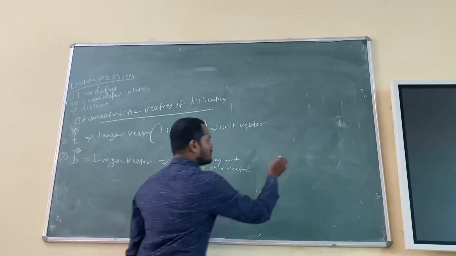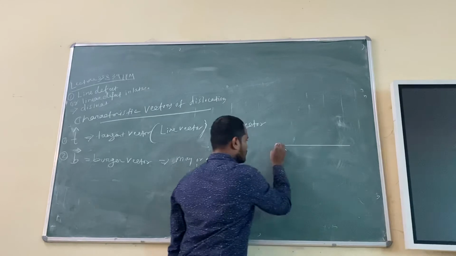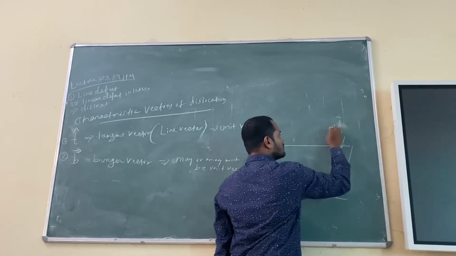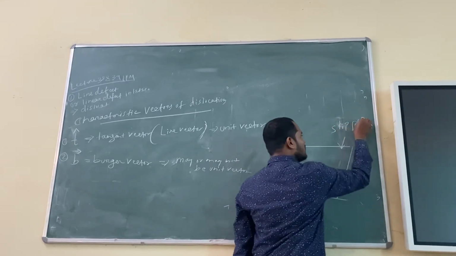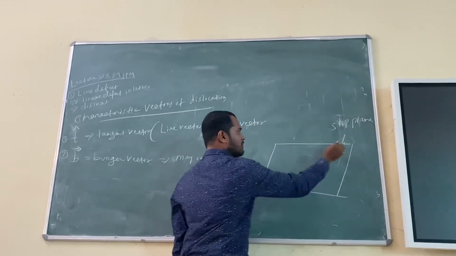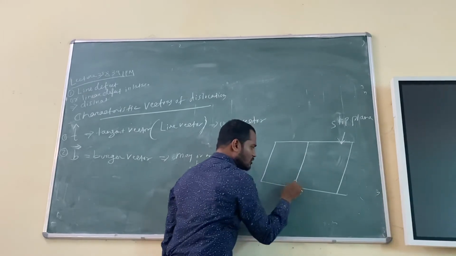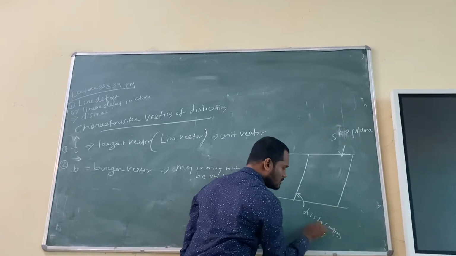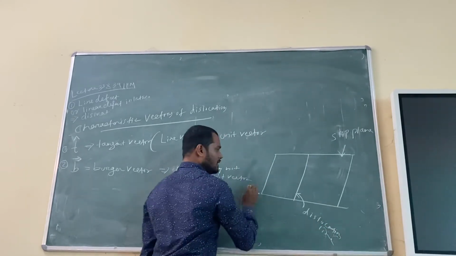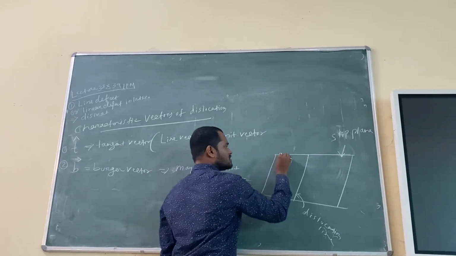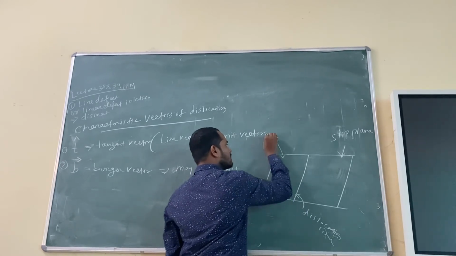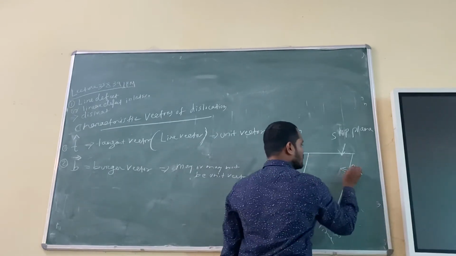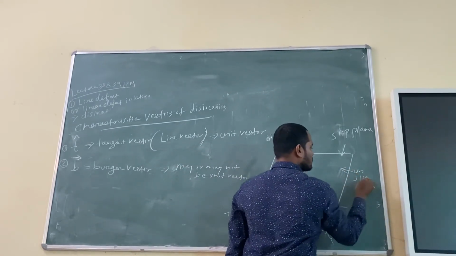Okay, I will show you this one again. So this is called the slip plane, right? So if you have a slip plane, you have a dislocation line, as I told. And this region is called slip, and this region is the unslip region.